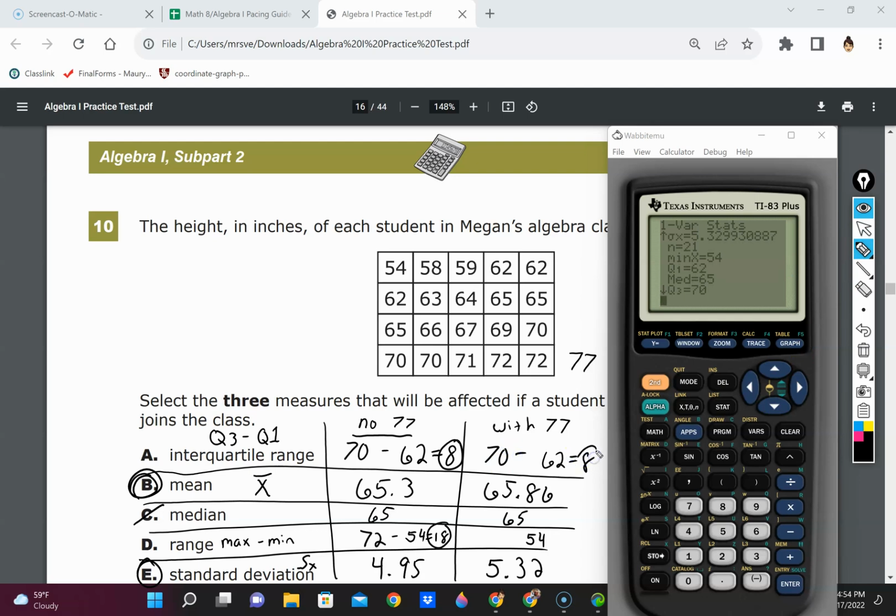That's still going to give us an interquartile range of 8. And the max number is 77. So 77 minus 54 gives us a difference of 23. So that's changed. So the 3 measures that are affected would be your mean, your range, and your standard deviation.